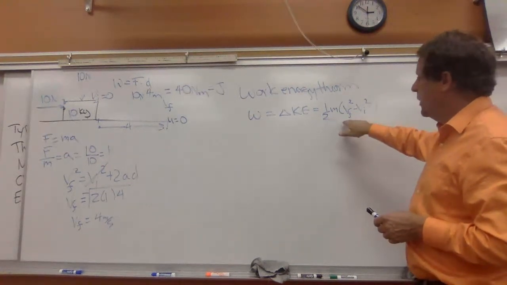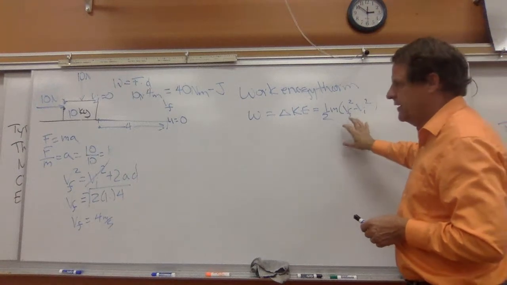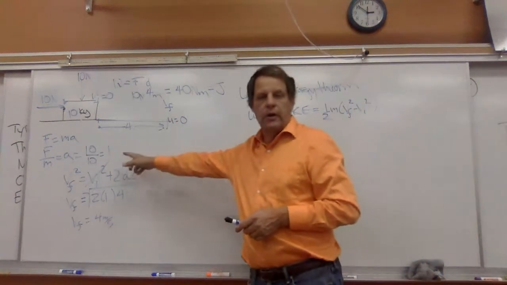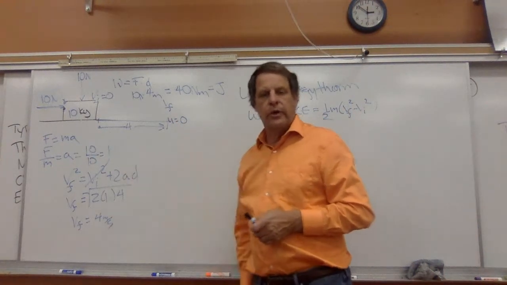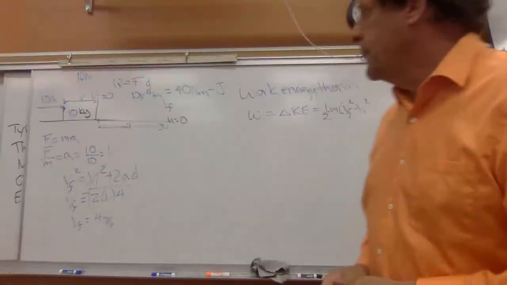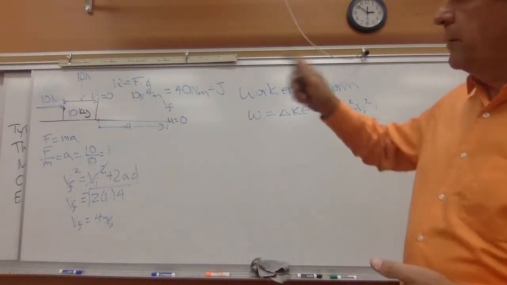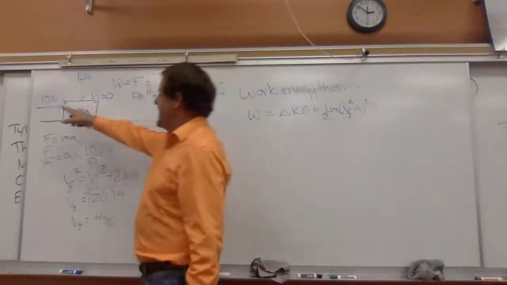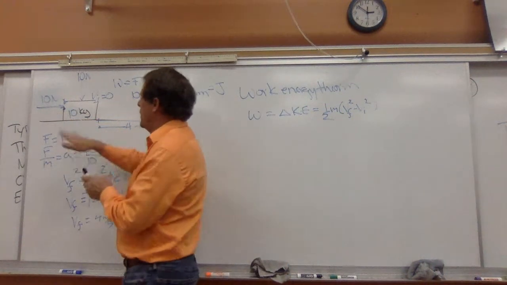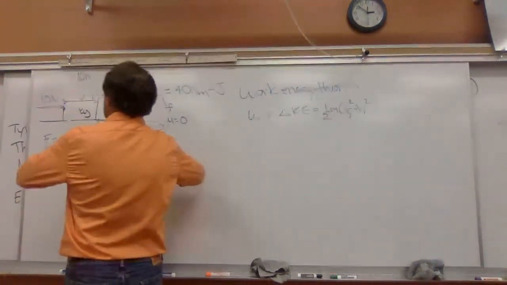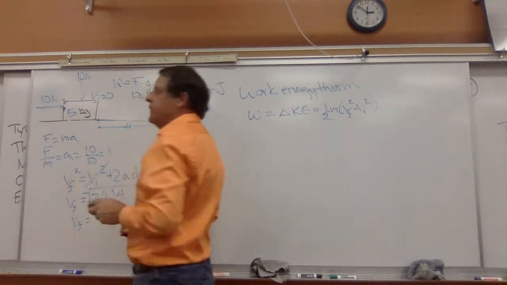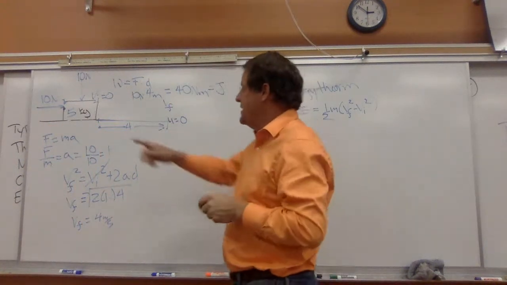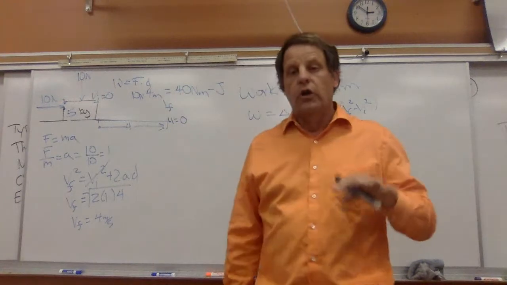Now, I want to take a look at this and apply it to our example here. So in this case, we're going to go back to our 10 newtons acting on a 5 kilogram object over a displacement of 4 meters.